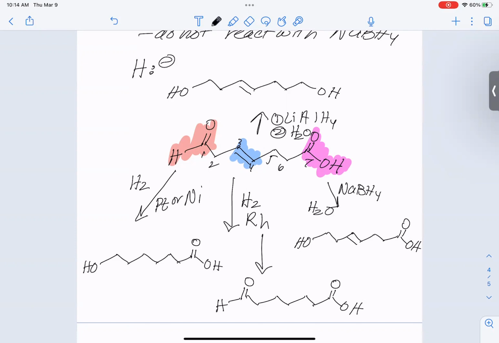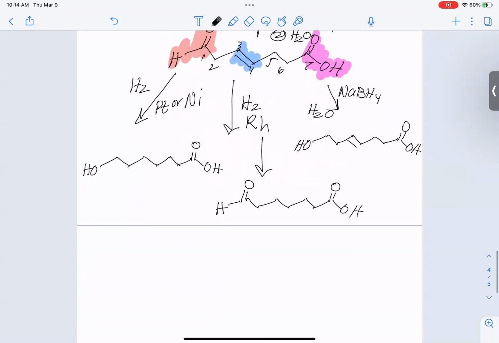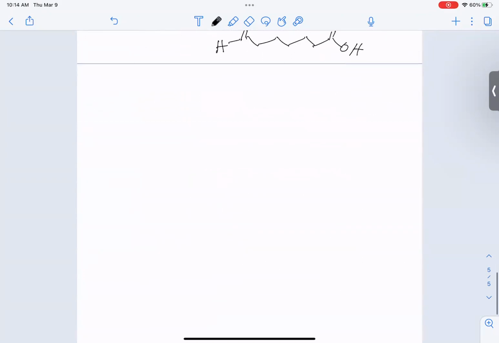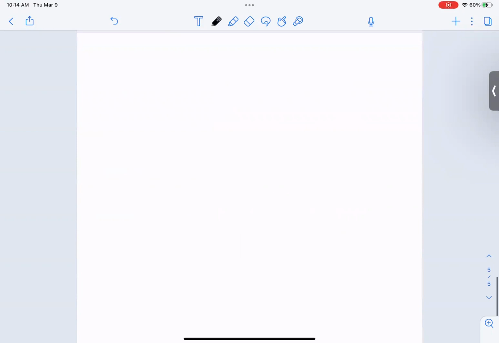The next reaction that we're going to do is a Fischer esterification, right? We will do this in lab, okay, after we're done reacting with cinnamon aldehyde. All right, you have to know this mechanism.